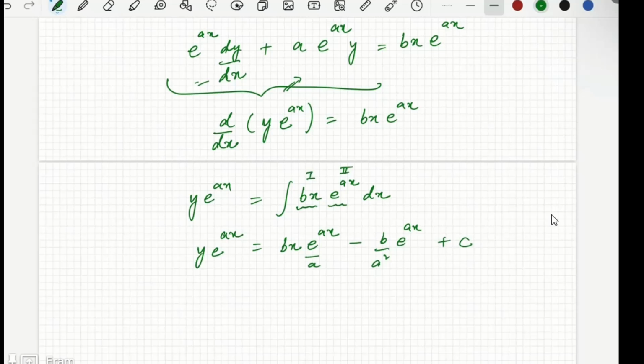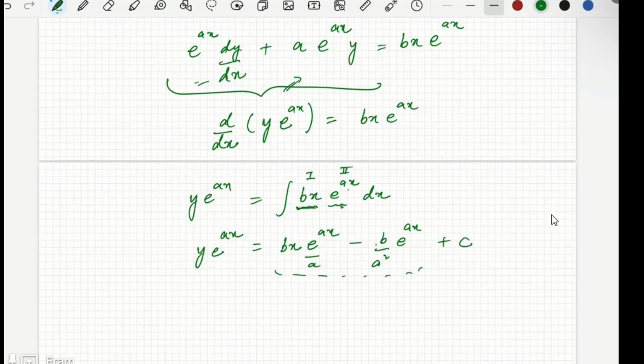We leave the first part as it is, integrate the second part, then subtract the integral of the derivative of the first part times the integral of the second part. This gives us this term.